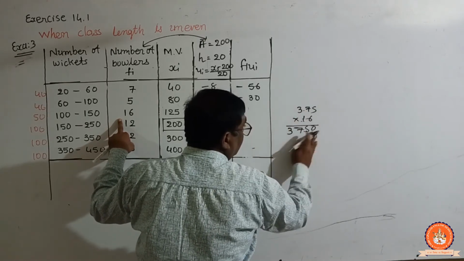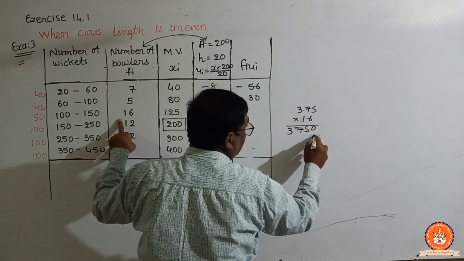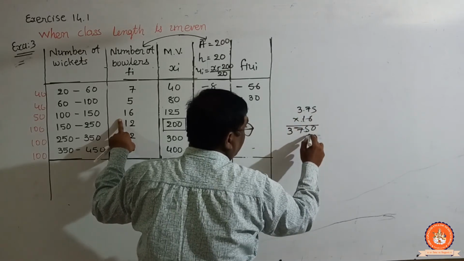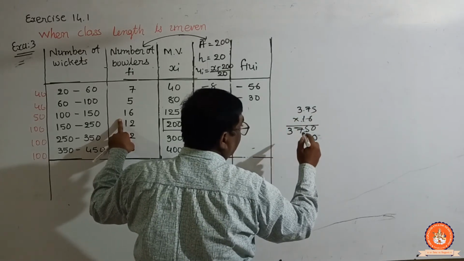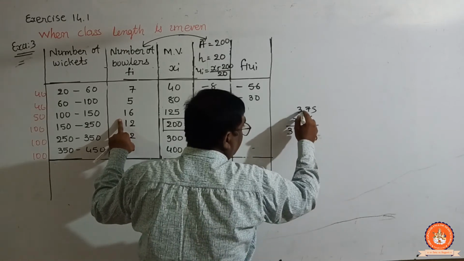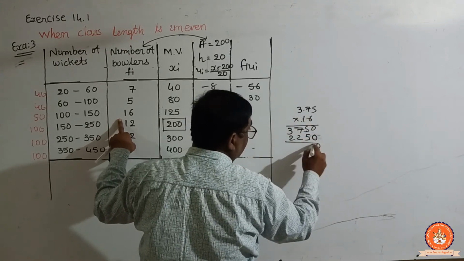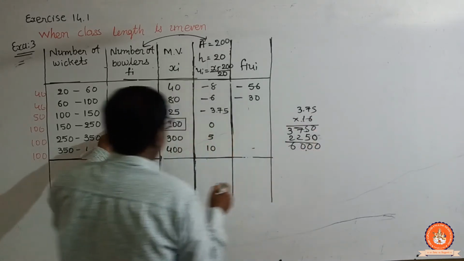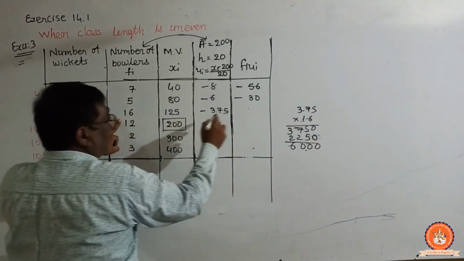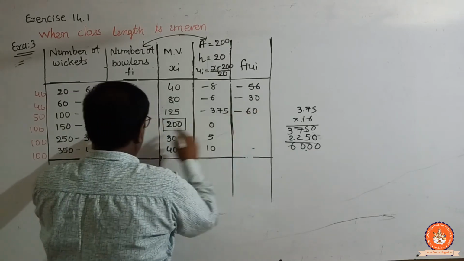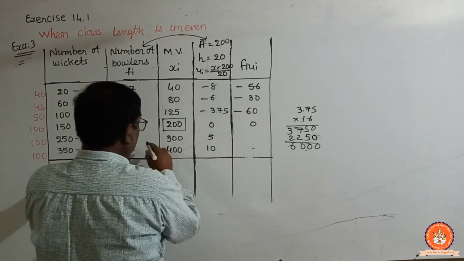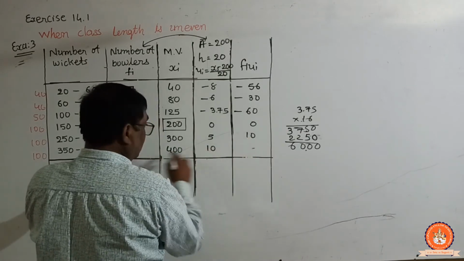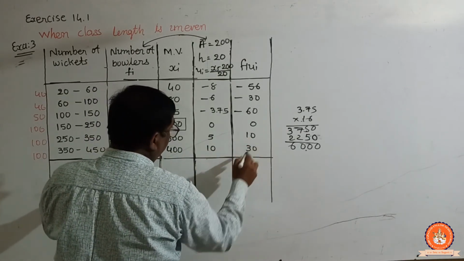Now 5 6 are 30, 0, 3 7 6 are 42, and so on. So 16 into 3.75 that is 60, minus 60. Now 12 into 0 that is 0. 2 5s are 10. 3 10s are 30.